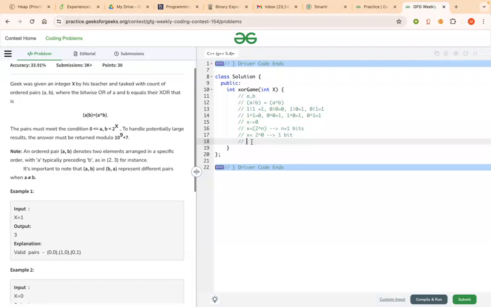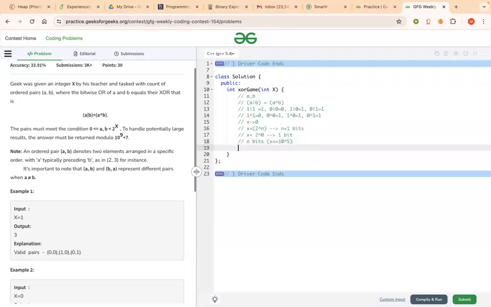So now let's consider n number of bits, where it is said that x is less than or equal to 10 raised to 5. So let's see how it works.